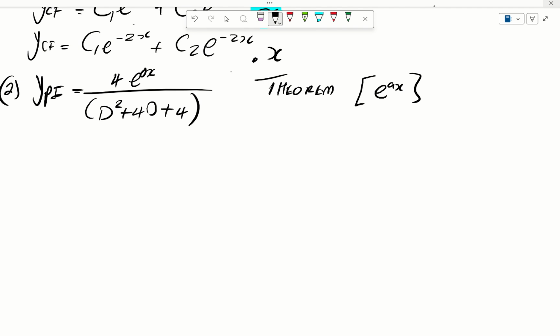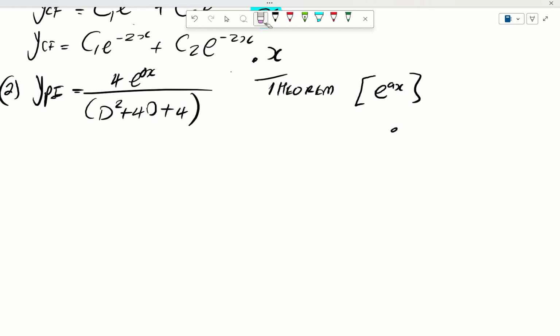Even if you put x to the power 0, it's the same thing. But the only problem is that for x to the power 0, you don't have a.